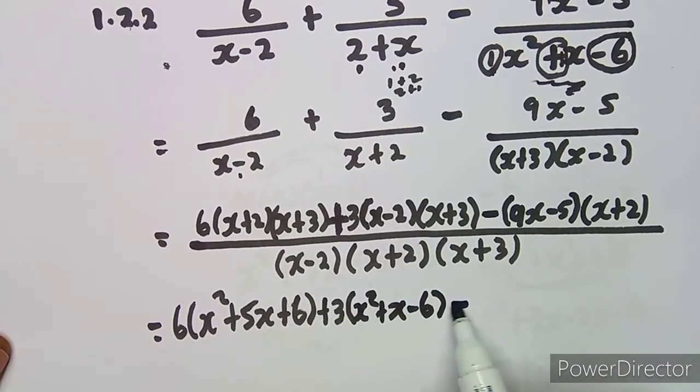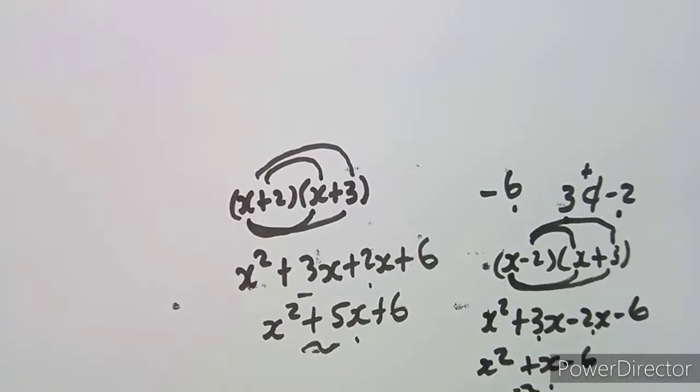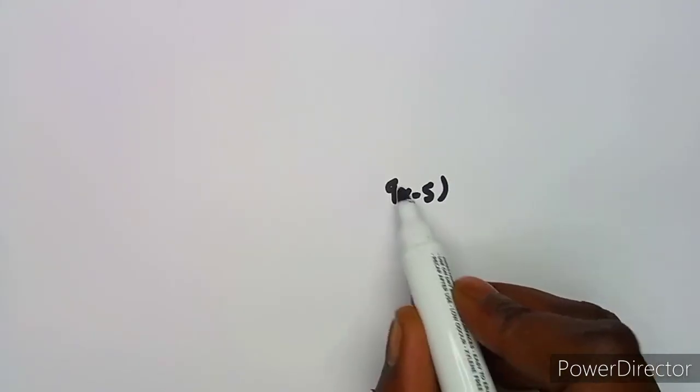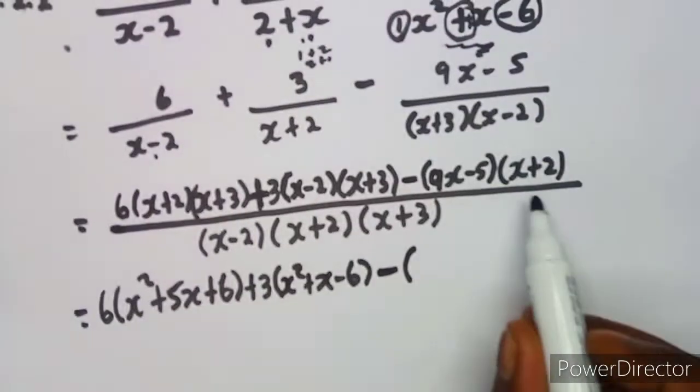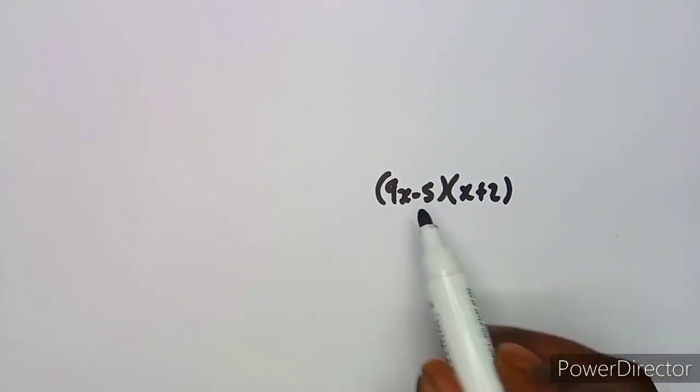Okay, we move on. There's a negative here, which is going to multiply the resultant of these two brackets here of 9x minus 5. So that's 9x minus 5 and x plus 2. All right, so you just have to expand this separately.